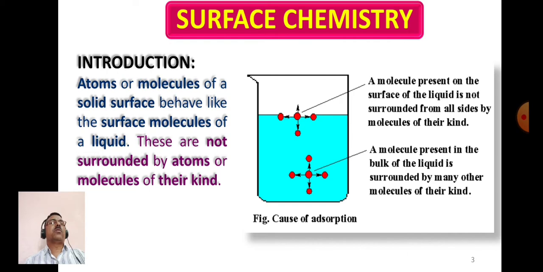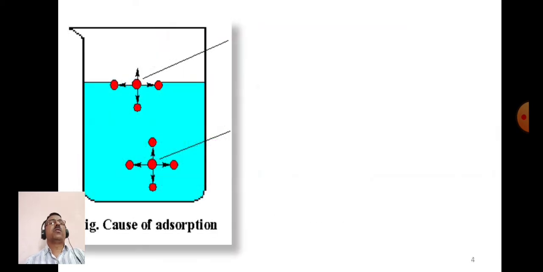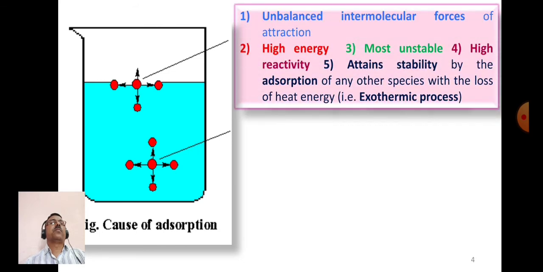So in short we can say that the molecule which is at the surface has unbalanced intermolecular forces of attraction. Such molecules possess high energy, they are most unstable, and they have high reactivity, and such molecules attain stability by adsorption of other species with the loss of heat energy.